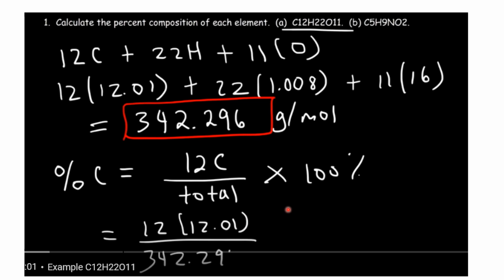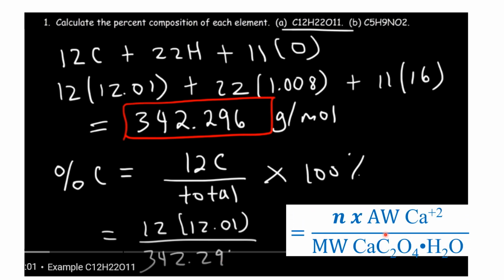Okay, so take note sa carbon. You have 12 kasi 12 units of carbon is present in the formula, C12H22O11. This is the atomic weight of carbon, and this is the molecular weight of sucrose, which is similar to this one. This N here is 12 kasi 12 siya sa formula.